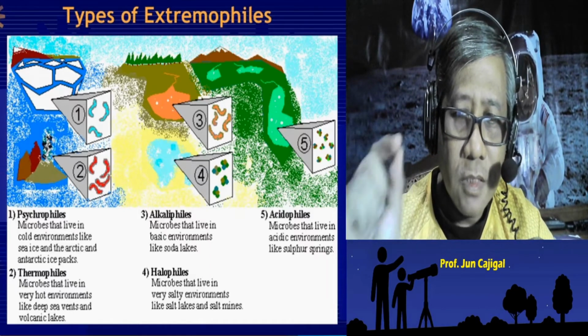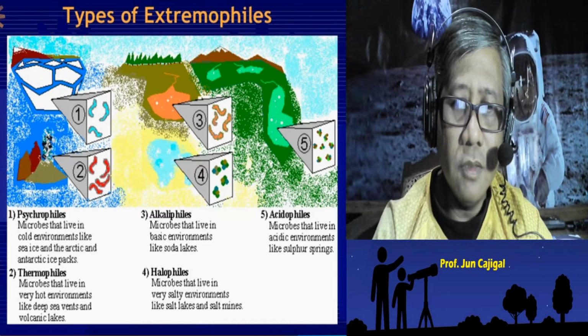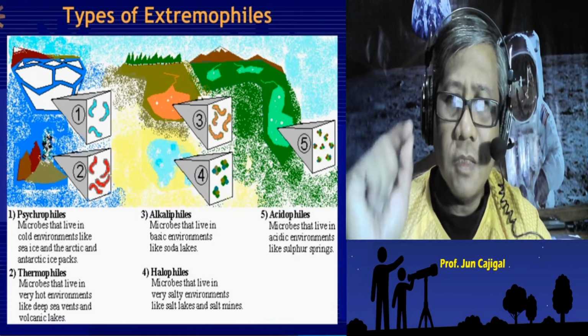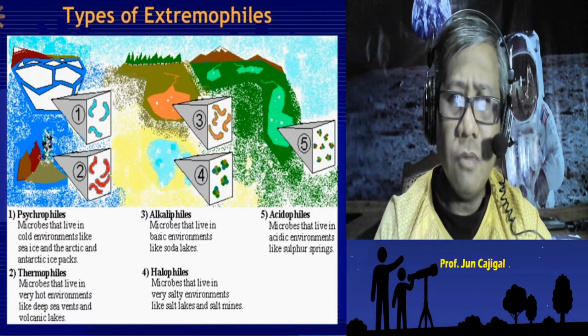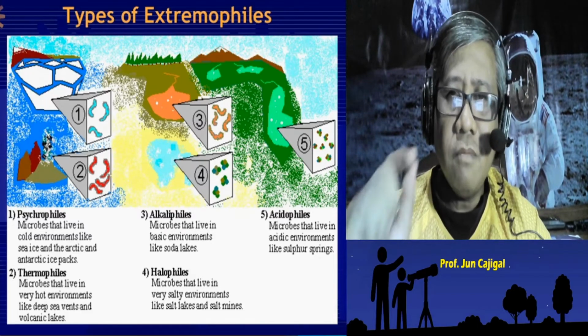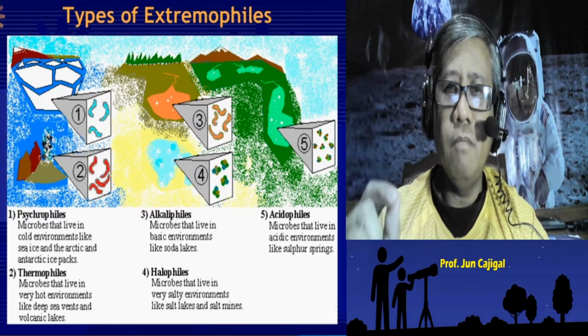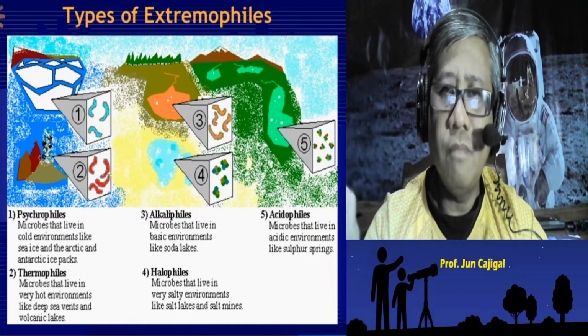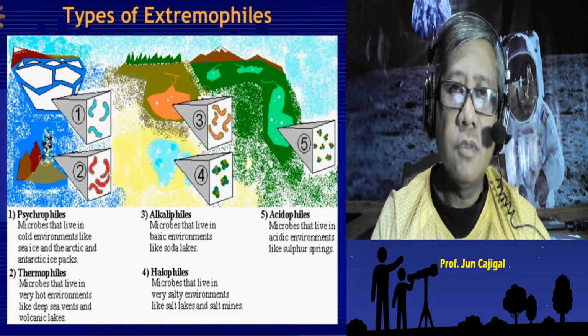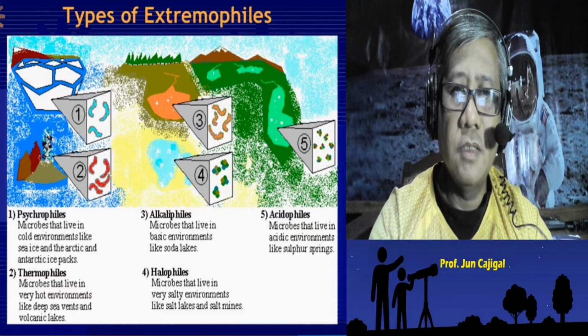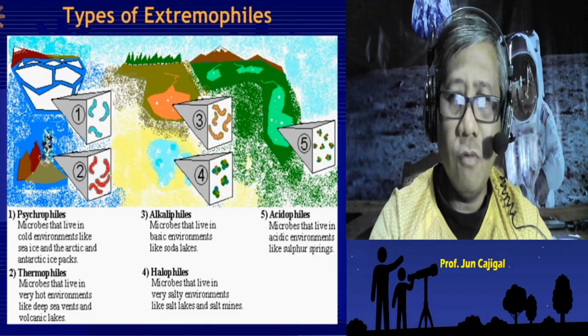Or acidophiles. So these are organisms that can live in extreme acidic environments. So biruin nyo yun. So there are some living things that can survive even in extreme conditions. So these are extremophiles. Okay, so pwede. Because life can find a way.